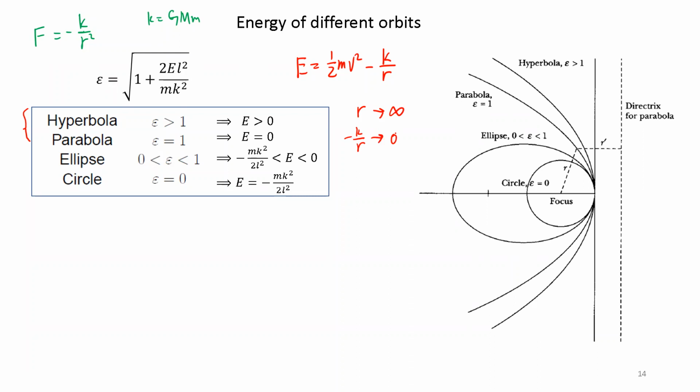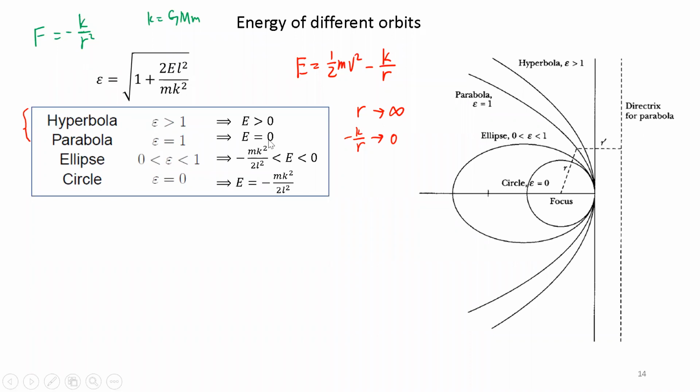So at infinity, you only have the kinetic energy term. Since your total energy is greater than or equal to 0, at infinity the particle either has some finite kinetic energy, or no energy. In either case, those are physically acceptable.